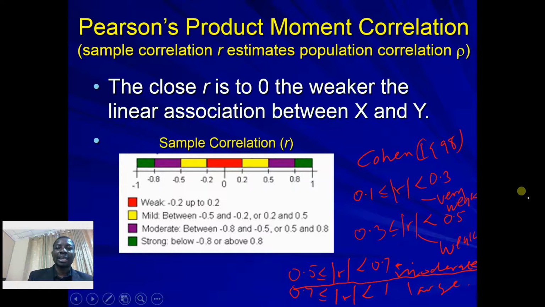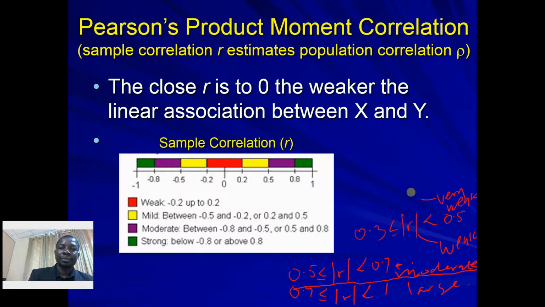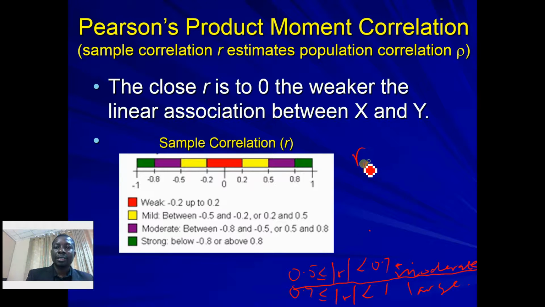So assuming that you have a correlation coefficient between two indicators, or two numeric values, or two quantities, say x and y, and it is equal to 0.5. Based on Cohen's 1998 classification, we will look at this one as moderate.